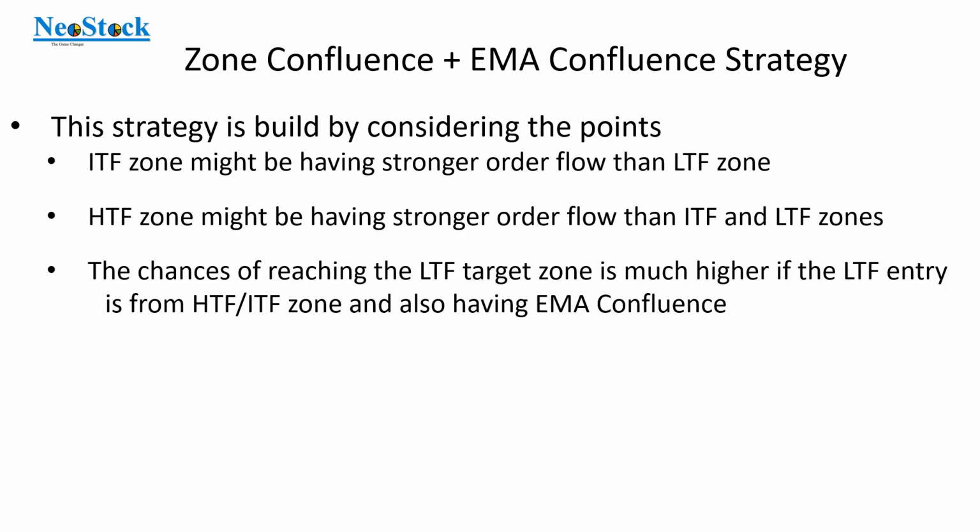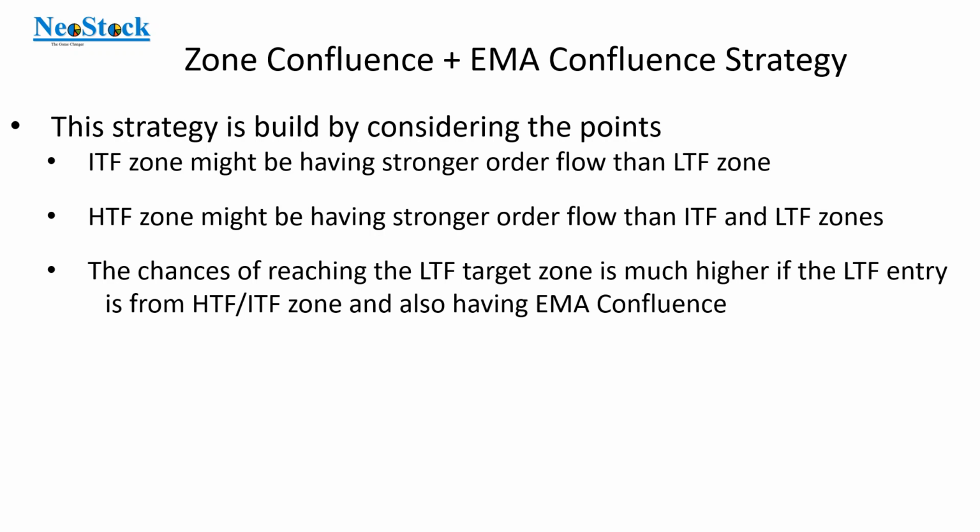The chances of reaching the LTF zone target is much higher if the LTF entry is from either HTF or ITF zone. And also this HTF or ITF zone should be having HTF or ITF EMA confluence. These are the conditions.